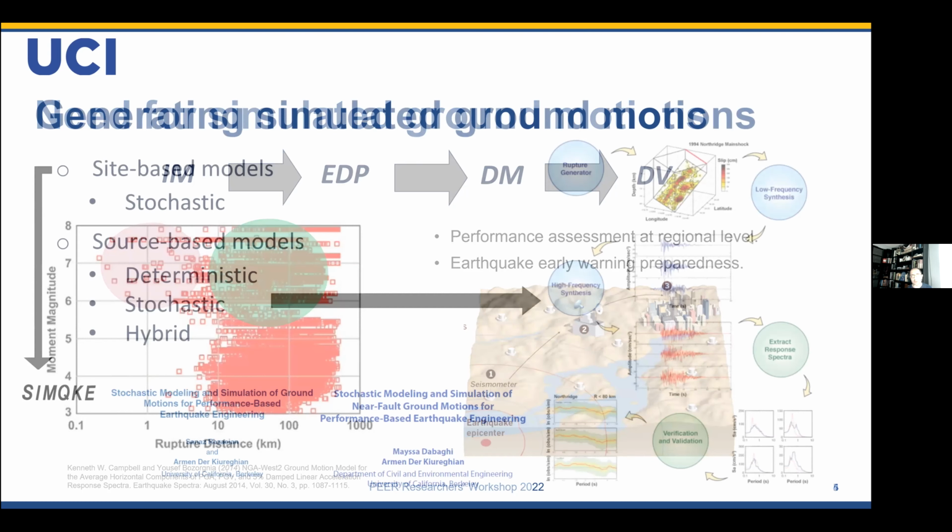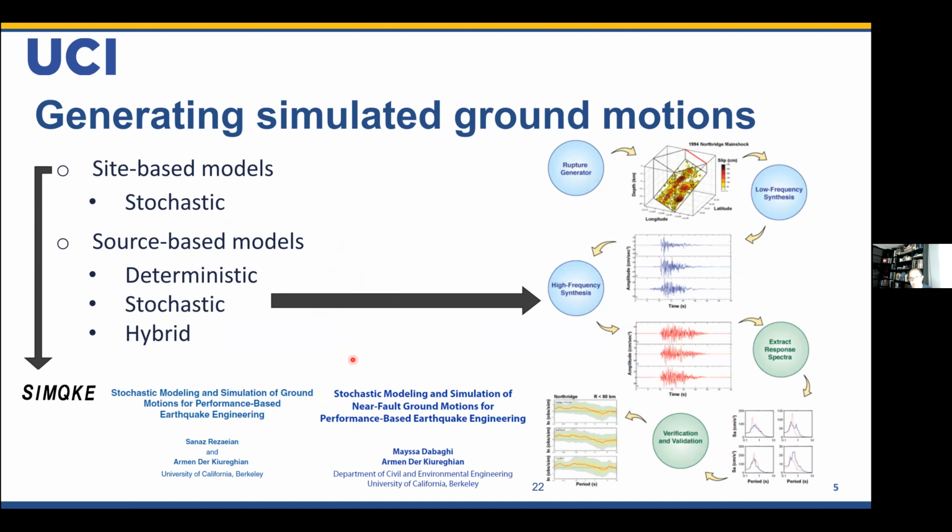Now, moving forward, talking about different ways of simulating ground motions. What was discussed so far in the presentations yesterday and today is the source-based, again, referring back to the Gustav gun, bringing out heavy artillery to do the simulations. But there have been folks who have done work in the past on site-based, which is mostly all stochastic.